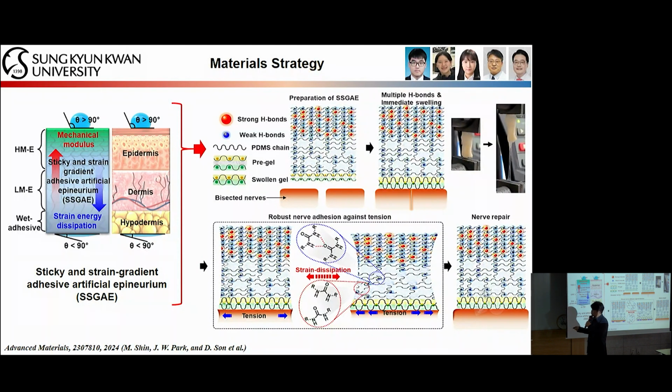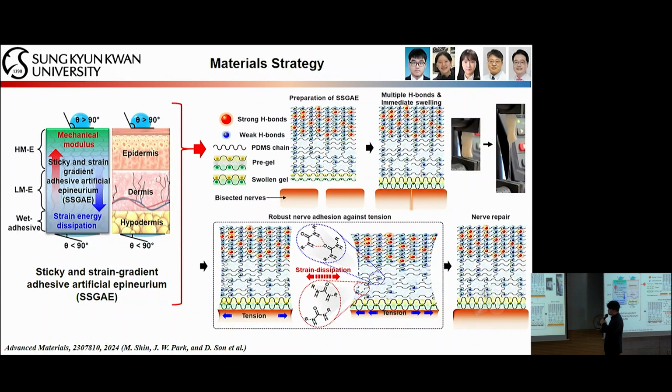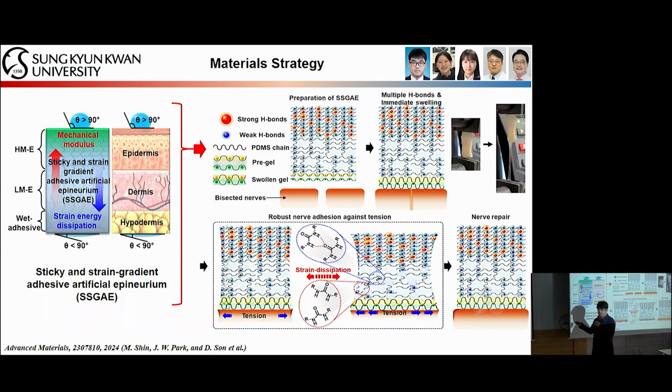And also, their dynamic stress relaxation enables the stress energy at this point to be effectively dissipated. So I think these characteristics and this performance would help realize long-term tissue interfacing and mechanical adaptation as well.